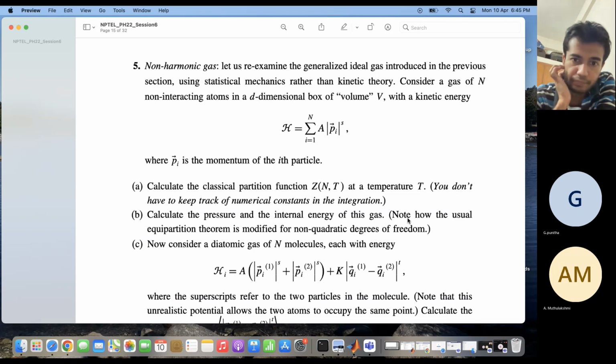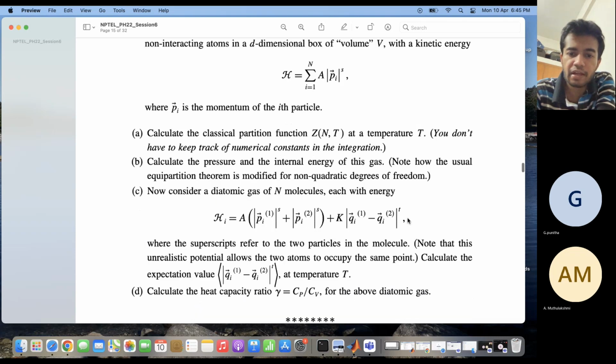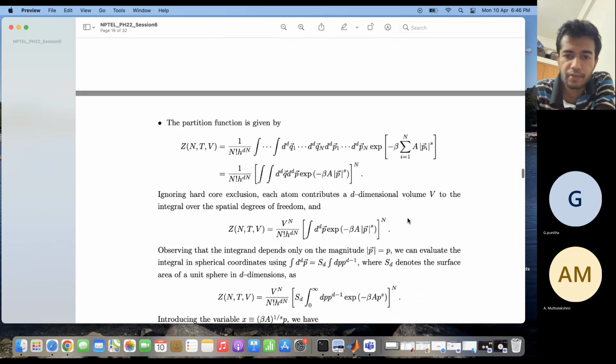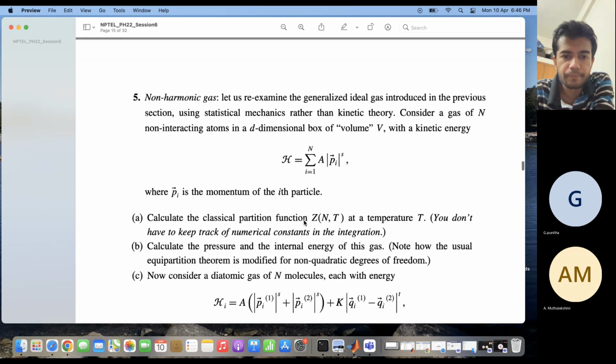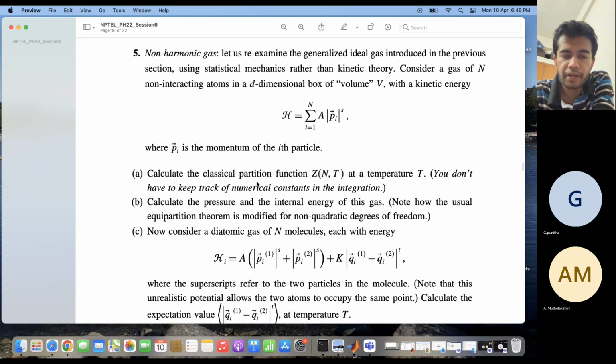Basically, when we look at statistical mechanics, we calculate the partition function and other quantities of interest. So consider a gas of N non-interacting atoms in a d-dimensional box of volume V having a kinetic energy given by the summation i equal to 1 to N of A times pi to the power of s, where pi is the momentum of the ith particle.